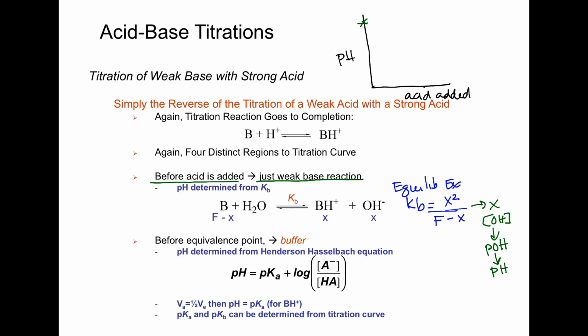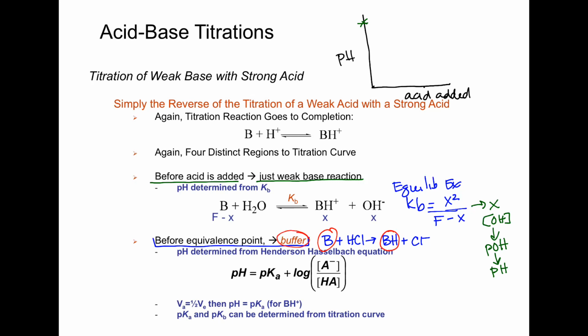Once we actually start adding some acid, but we haven't gotten to the equivalence point, we are in the buffer region. And we're in a buffer region because we're taking some base, and adding a strong acid like HCl. It's making the conjugate acid. And that mixture of a base and its conjugate acid is a buffer.